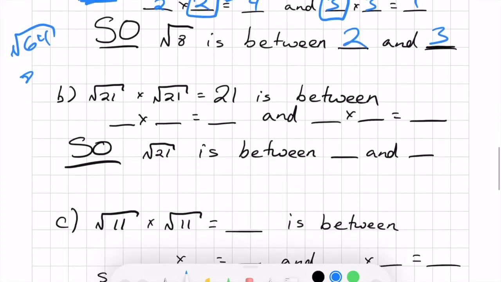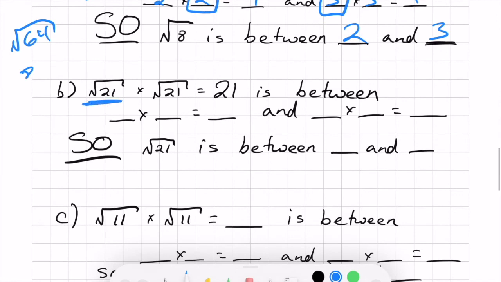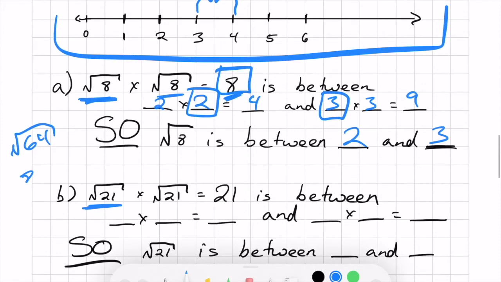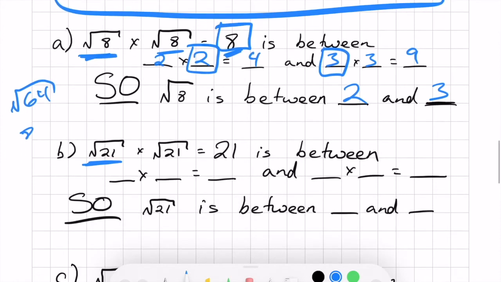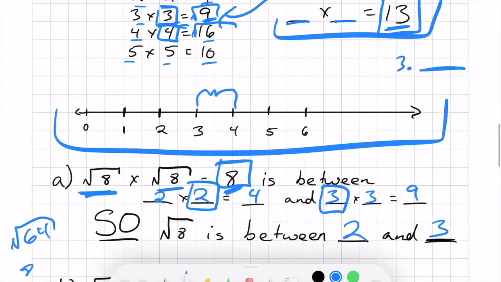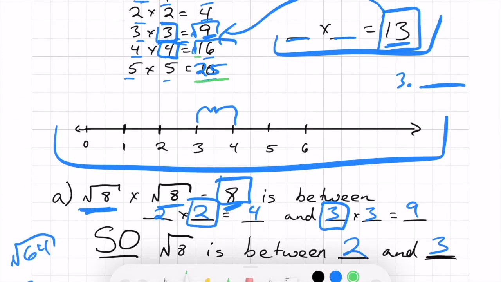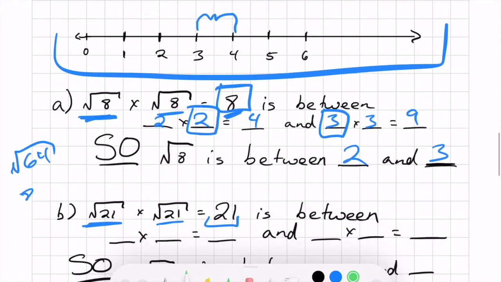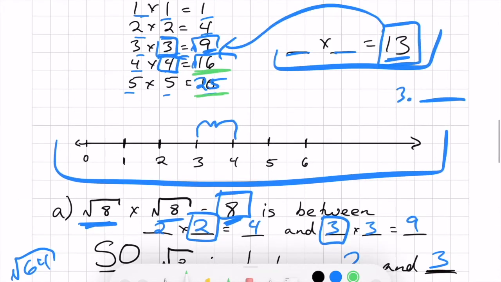Let's do this again. I am looking for where the square root of 21 fits on the number line, right? So all I'm going to do is multiply it by its same square root, and then I get 21. And if I look back, 25 is here and 16 is here. So I know it's going to fit somewhere in between 4 and 5.